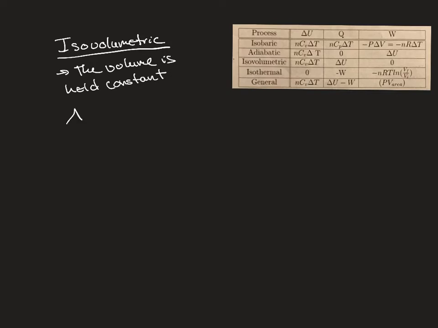So if we look at the first law of thermodynamics, we learn that work is pressure times the change in volume. Since volume is constant, that means that the change in volume is equal to 0. Or in other words, work is going to end up equaling 0 during an isovolumetric process, so that your change in internal energy is due only to heat, or the change in thermal energy.